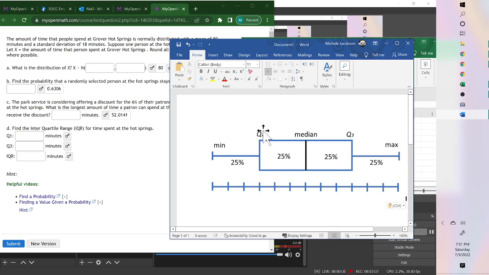So for our lower quartile, or Q1, 25% of the data is below it. Q3 is here. Notice there's 3 quarters below it, or 75% of the data. So for finding Q1, we use the probability 0.25. If you're finding Q3, 0.75.